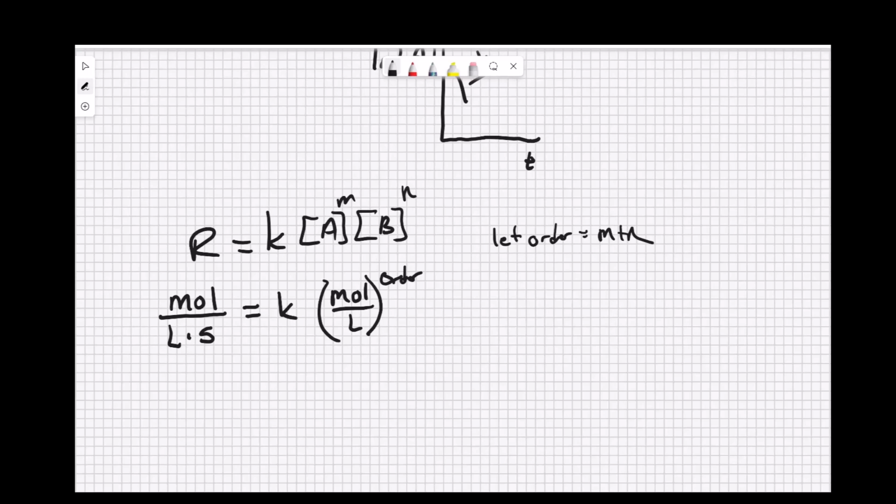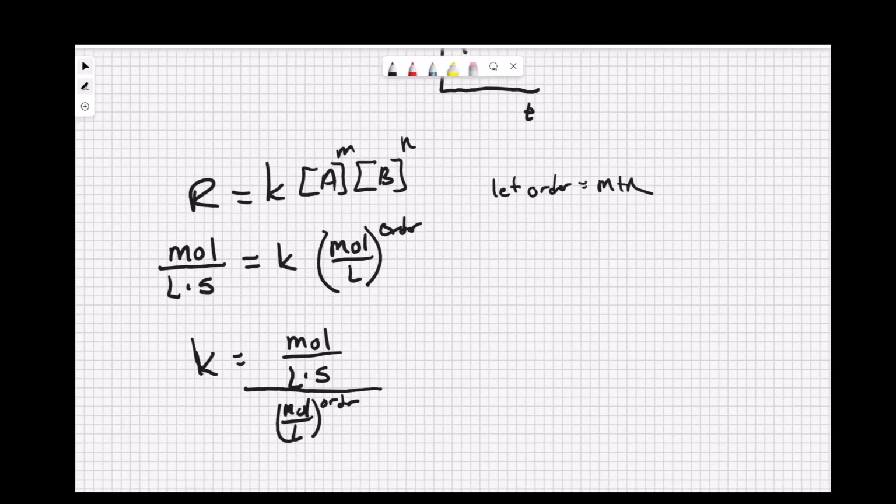So how do we do that? So k then will be equal to moles divided by liters times second, and then that divided by moles per liter for the order, right?